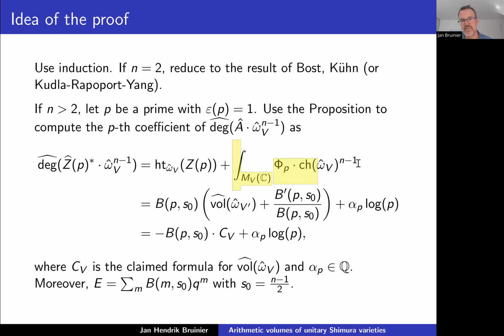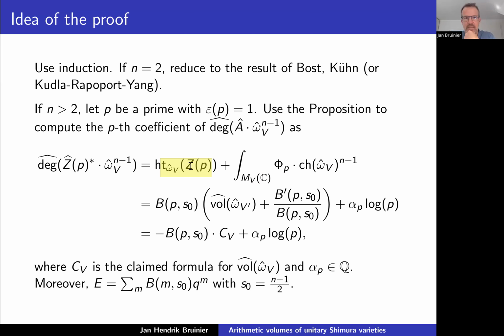So this is the second part. This is just, in some sense, the definition. And now the height here, how is this computed? Well, you have to pull back the omega V to ZP, take its top power and take the degree.